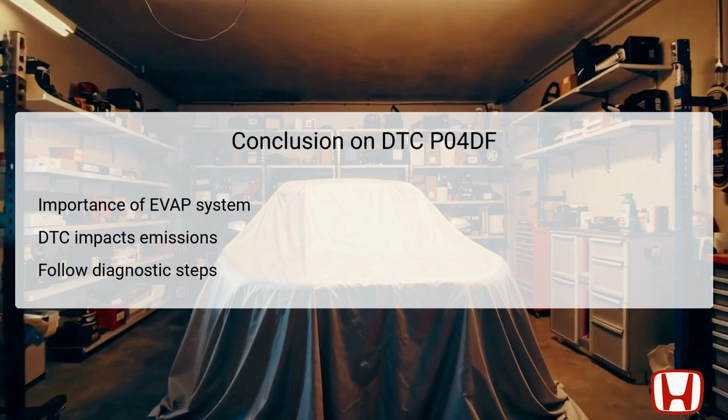Careful attention to repair validation and the implementation of preventive maintenance practices are essential to ensure the long-term integrity of the EVAP system. Ultimately, consistent oversight of these components can contribute to sustainable driving practices and minimize the vehicle's carbon footprint.